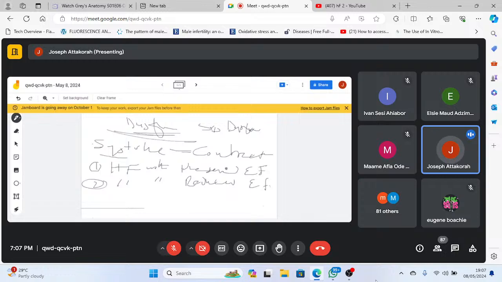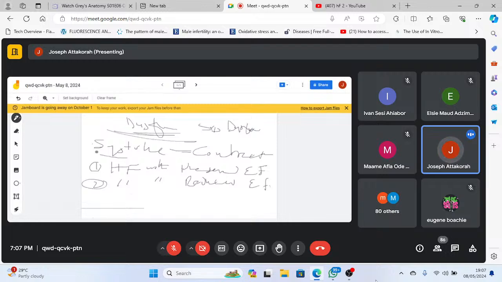So when you have these terms, they point to either systolic dysfunction or diastolic dysfunction. Let's take the number 1, heart failure with preserved ejection fraction.